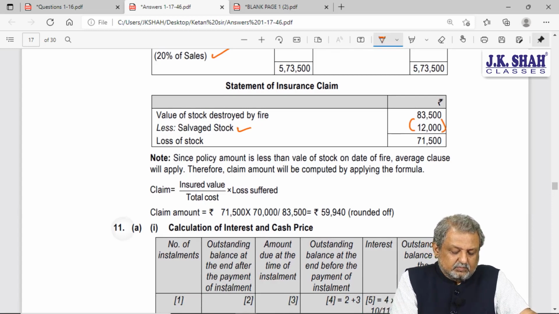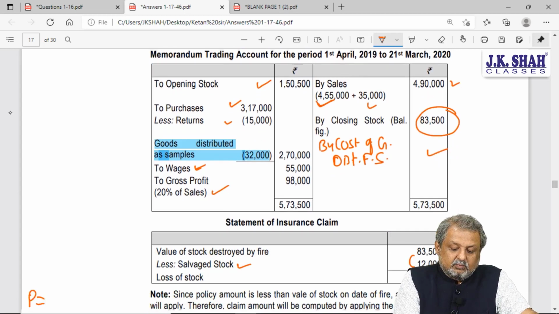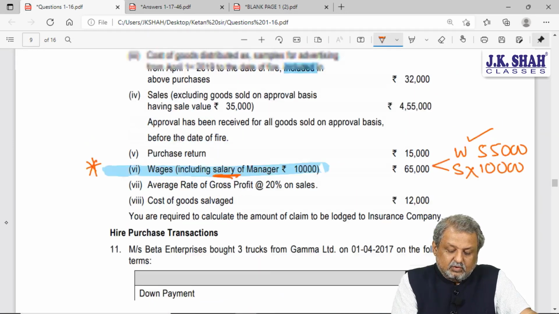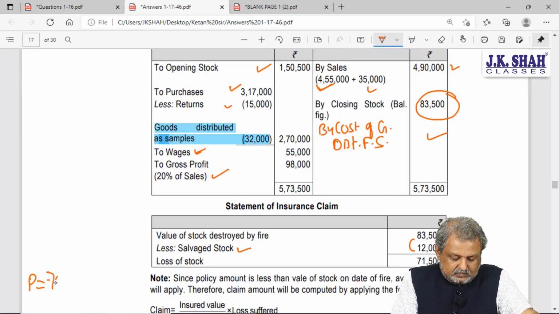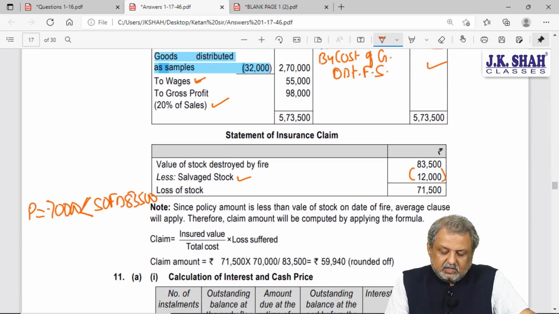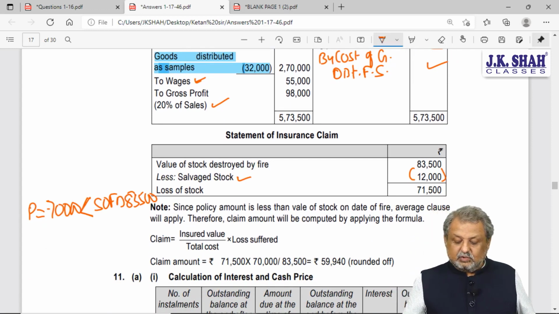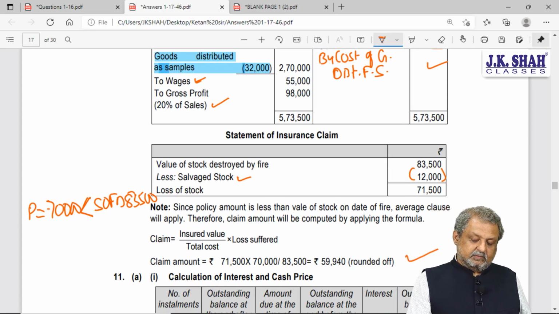Since the policy amount was 70,000, but stock on fire date in godown was 83,500, so the policy is less. If there is under insurance, the average clause will be applied. Round off the claim to the nearest rupee.